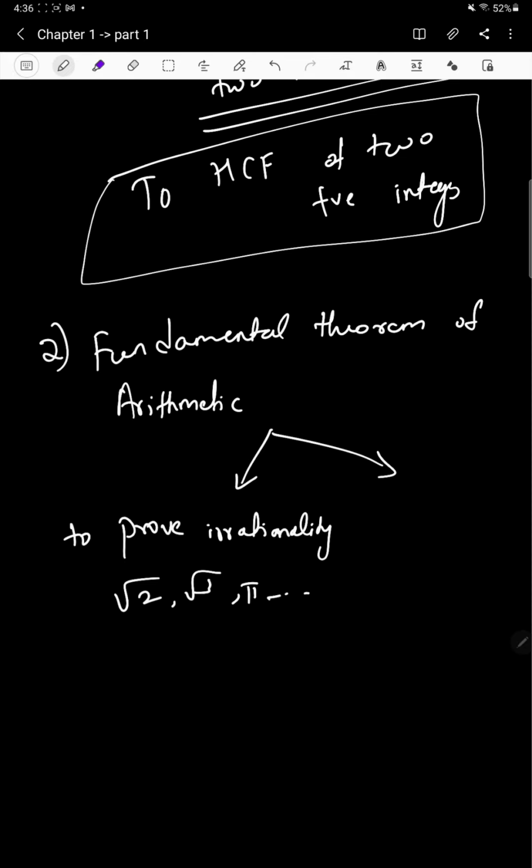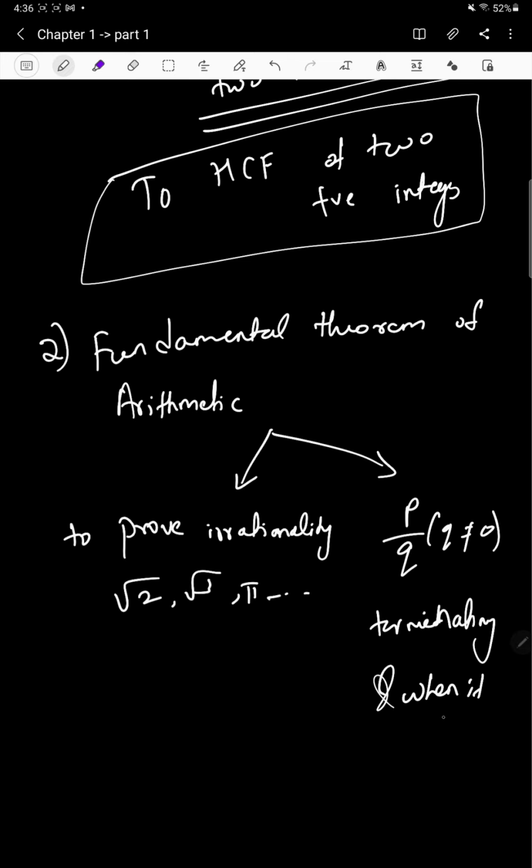And the second important application of this property is to explore when exactly the decimal expansion of rational number, say p by q, and q is not equal to 0, is terminating and when it is non-terminating recurring.